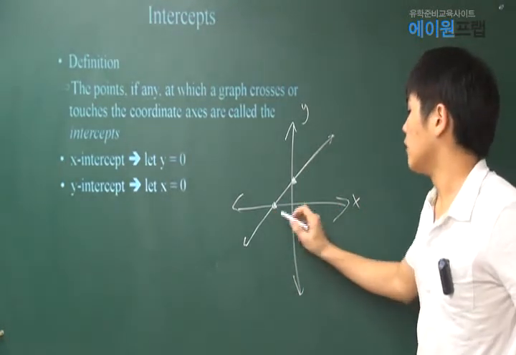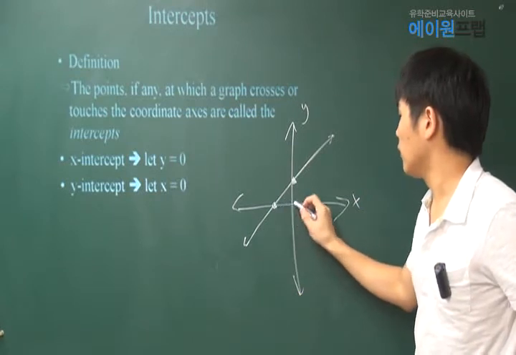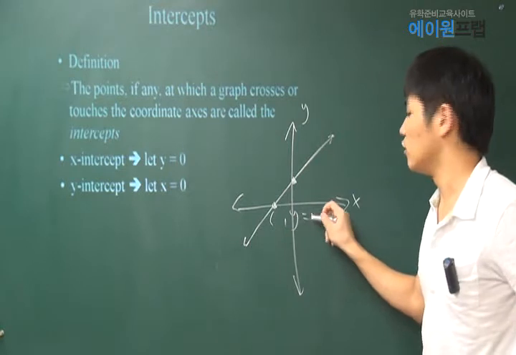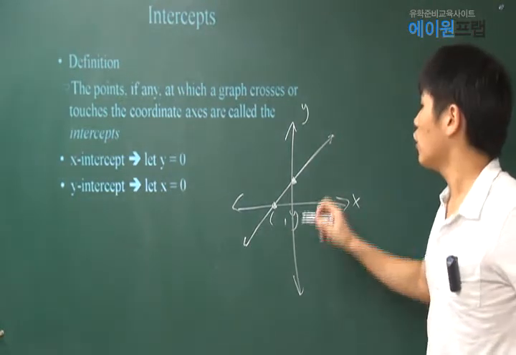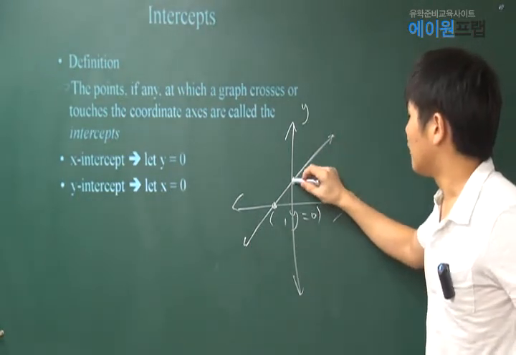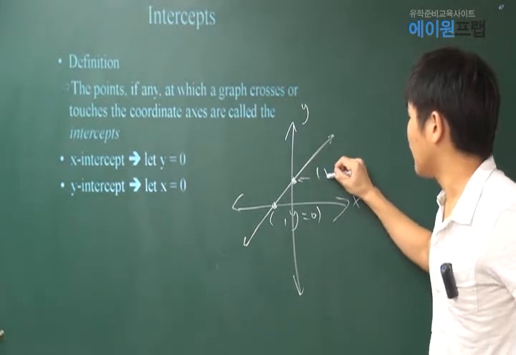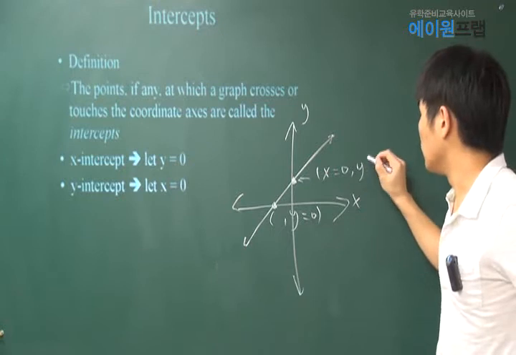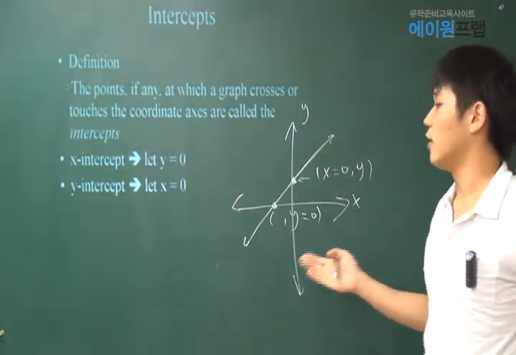The reason behind that is, at this point, if you look carefully, it will always have a y value equivalent to 0. Now moving on to the y-intercept, at this point, we'll always have an x value equal to 0, regardless of whatever y value we contain. So that's how you find the intercepts.